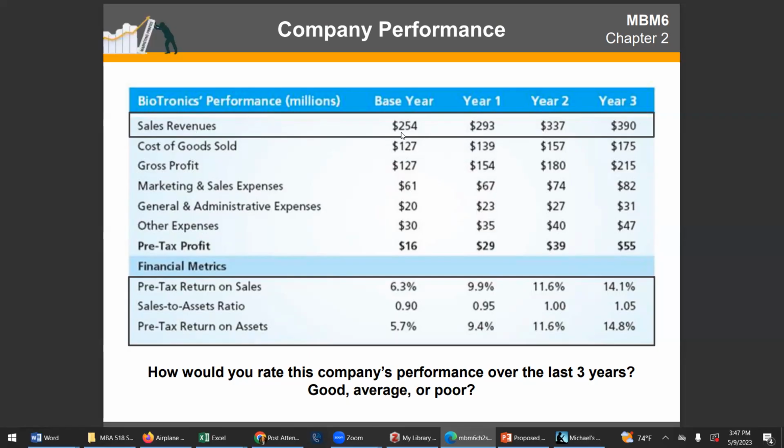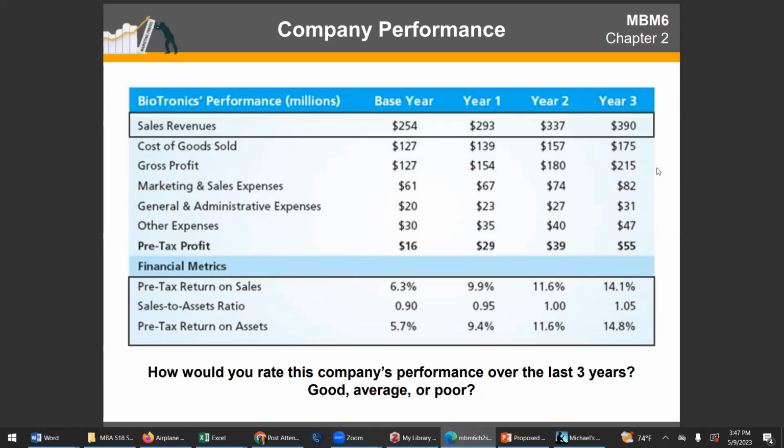So revenues going from base year to year 3 are going up. Well, that seems good. Cost of goods sold are also going up, which kind of makes sense, right? All of cost of goods sold is a variable cost, so it wouldn't be surprising that as revenues go up, cost of goods sold would also go up.